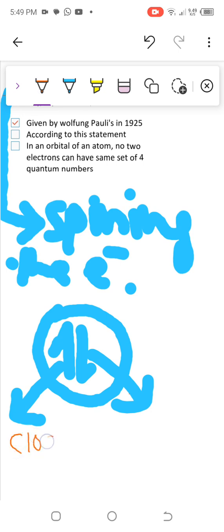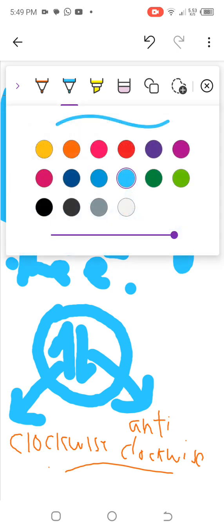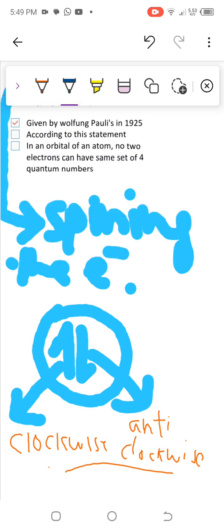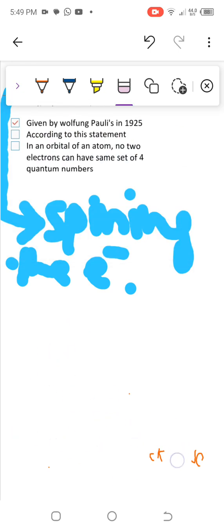One in clockwise and the second in anti-clockwise. Why is the electron revolving clockwise and anti-clockwise? Let me tell you about this.